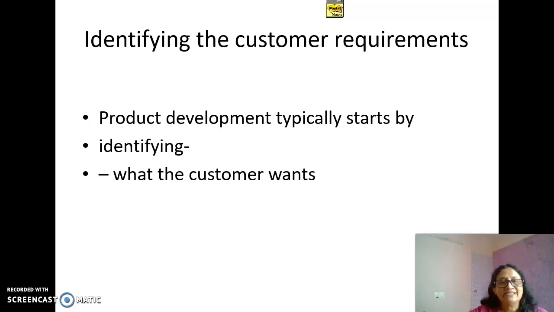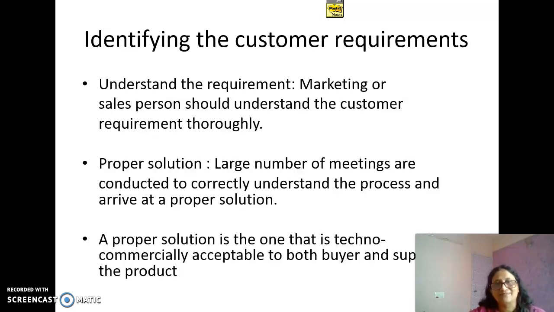So identifying customer requirements means identifying what the customer wants. Here the important thing is only the what. We are not going to concentrate on the how. The initial phase of concept development is what the customer wants, that is, requirements.